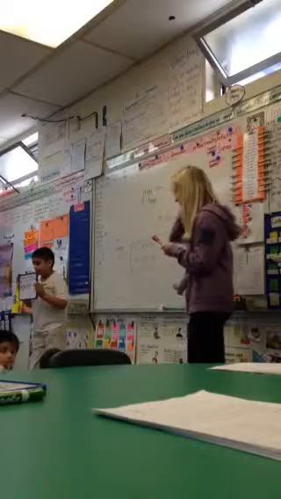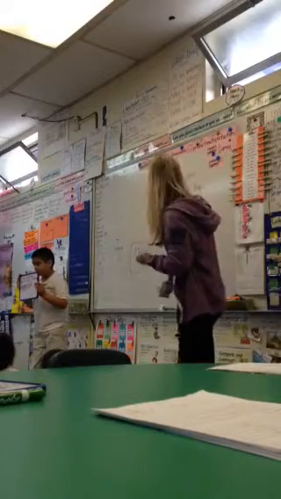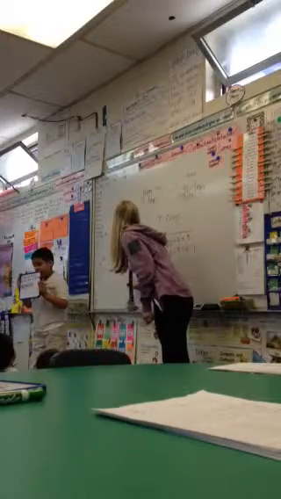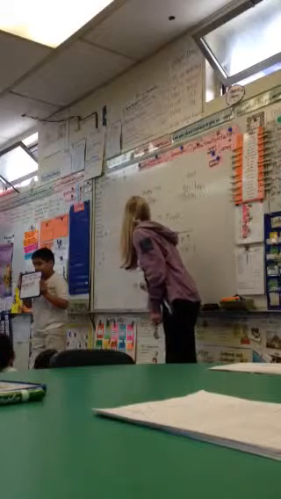I drew 20 legs, and then every 4 legs I made a group for each frog, and there were 5 frogs. Okay, so Marisol just drew out the 20 legs. There's all the 20 legs. And then she knew that every frog has 4 legs, so she started to circle 4 legs at a time. 1, 2, 3, 4. That's 1 frog. 1, 2, 3, 4.